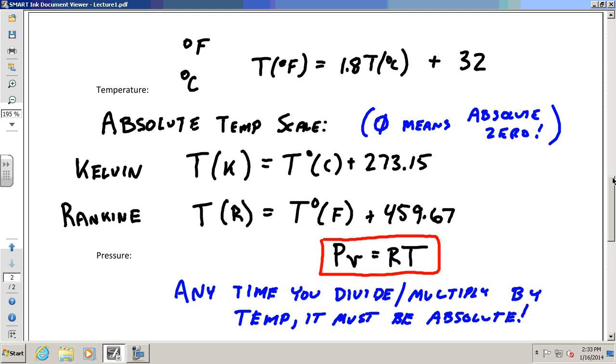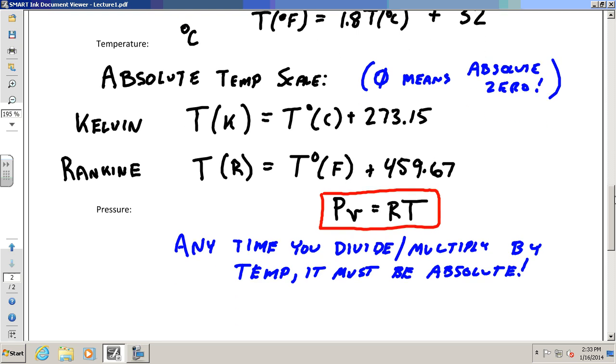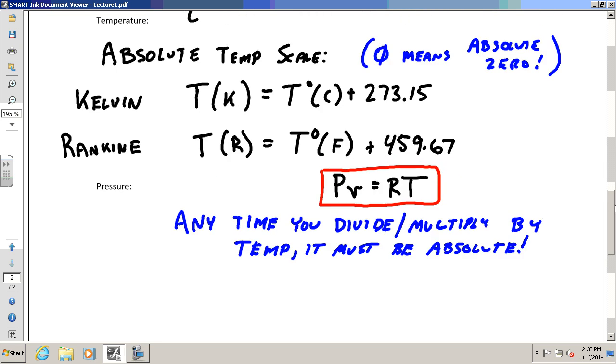You can't multiply by degrees Celsius. You can't multiply by degrees Fahrenheit. It doesn't work that way. You have to have it on an absolute scale. It has to be what we call a thermodynamic temperature scale. We'll get into that more later. So that's the principle. You can't multiply or divide by temperature. Let's say you divide by temperature and it's 0. I mean, that doesn't make any sense. You can't divide by 0.